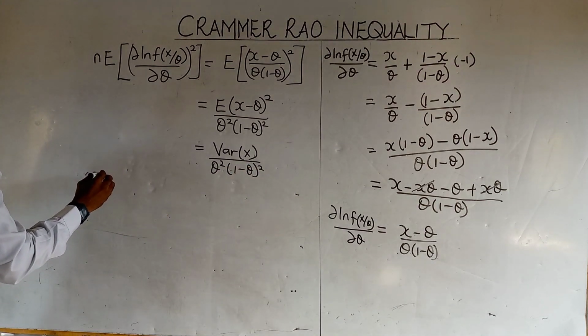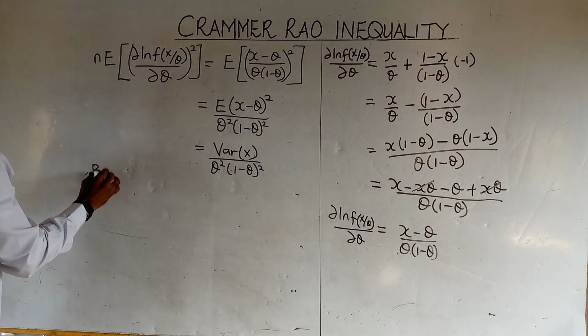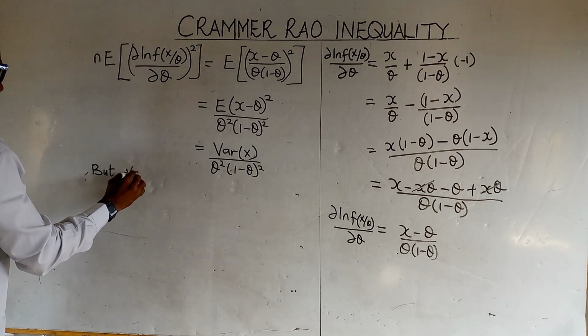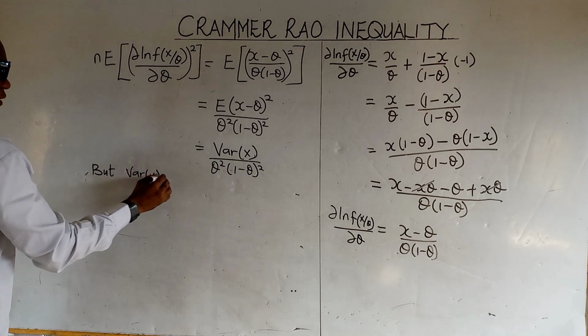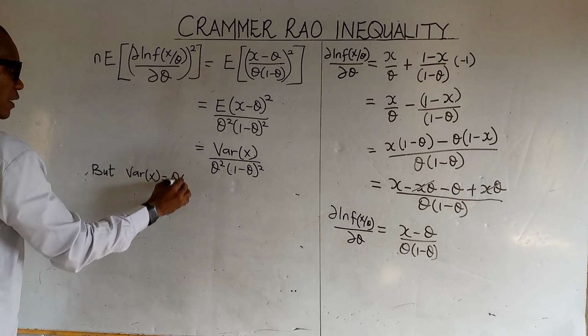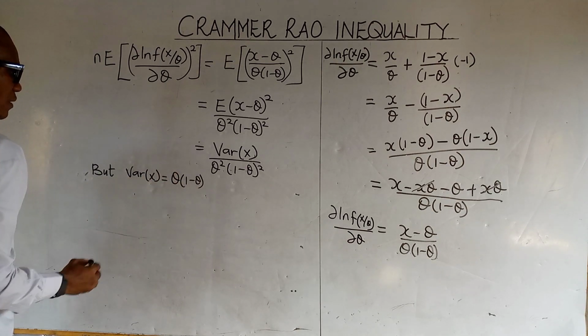But the variance of x is equal to theta (1 - theta).